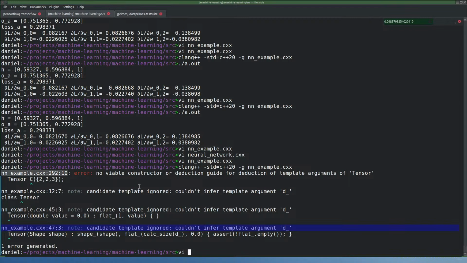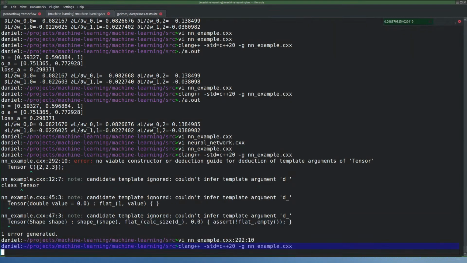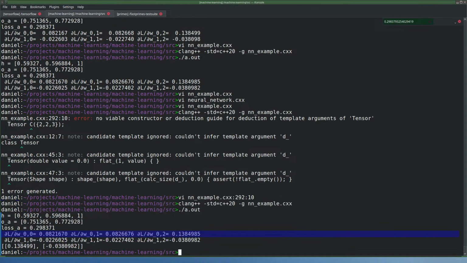What? Cannot do that. Oh, tensor is a template. I have to tell it that it is 3. That's again a row vector. No, okay. Why not?